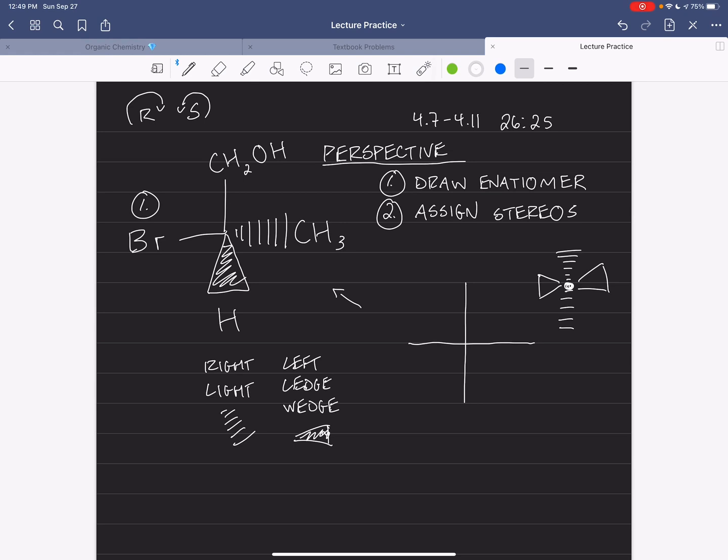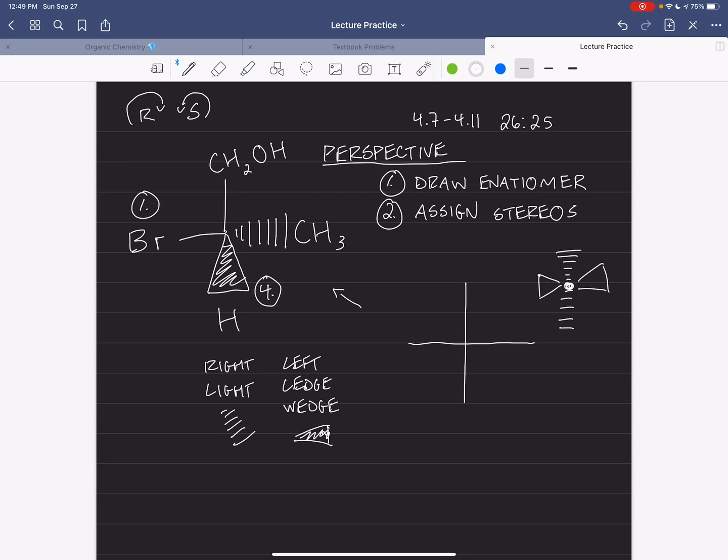Hydrogen has the lowest priority here, number 4. Now, we already see a problem because hydrogen is coming out of the page. It's not a dashed line. We like dashed lines, and we need hydrogen to be that dashed line because it's the lowest ranked.